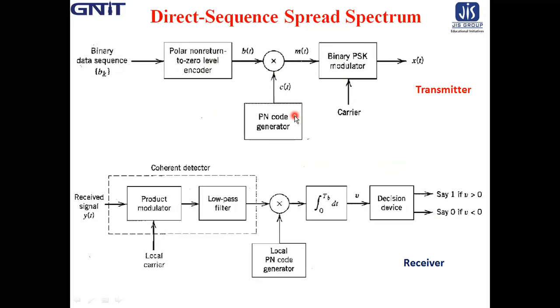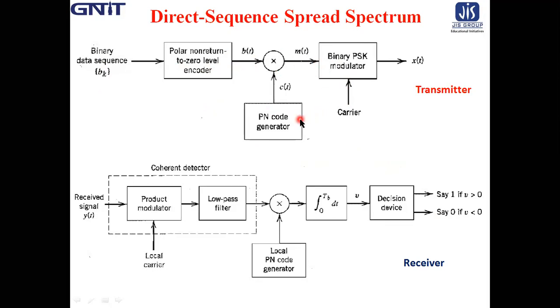It first converts the incoming binary data sequence, say b_k, into a polar nonreturn-to-zero waveform b(t), which is followed by two stages of modulation.